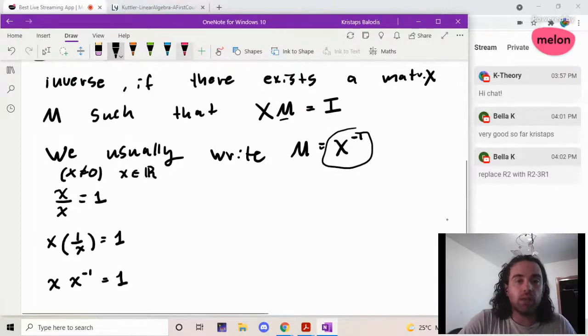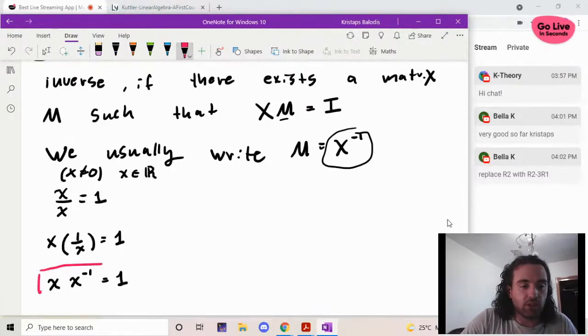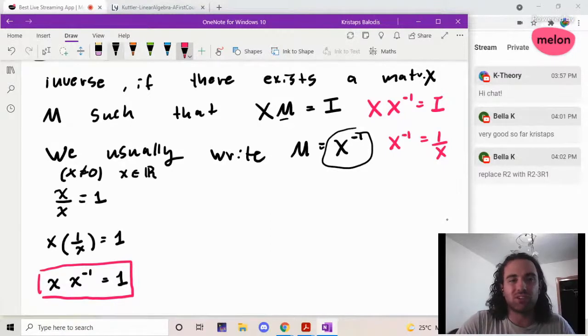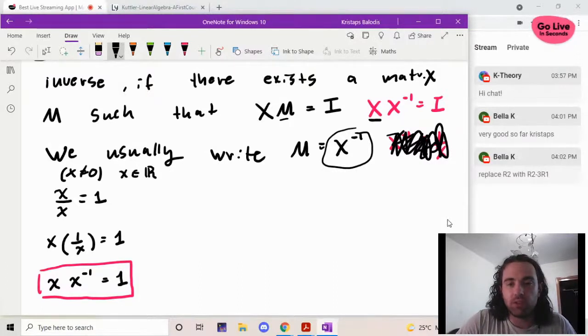And now we have something that looks a lot like our equation for matrices. So again, we can't interpret a matrix X over 1 as being 1 over X. This doesn't make sense. We can't define division by matrices in general, but we can still have this idea of multiplying by an inverse to get an identity.